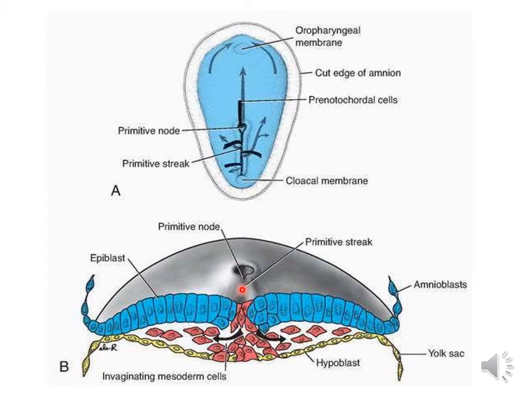This is again the primitive node, and this is the primitive streak, showing the direction of the movement of these cells from the epiblast, displacing some of the hypoblast cells, giving the endodermal layer, and in between lies the 3rd layer, which is the mesoderm.